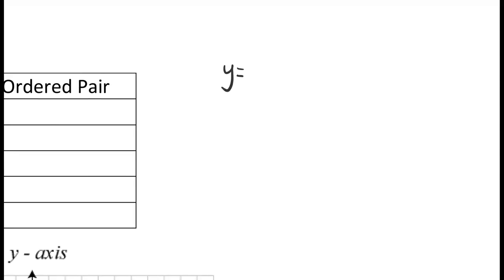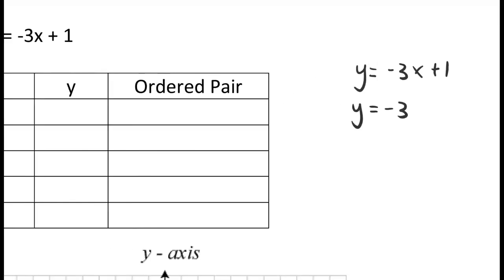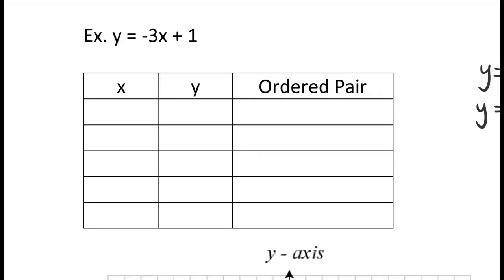Now we have to come up with a value for x. So looking at our table here, well, we can fit from negative 2 to 2. So negative 2, negative 1, 0, 1, and 2.